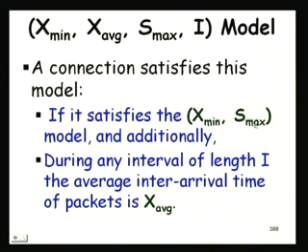So, it models the Xmean Smax, and in addition during any interval of length I, the average inter arrival time of packets is X average. So, it limits the burst size here. For bursty traffic this may be a more appropriate model, as it not only models the average data, but also bounds the burst size.